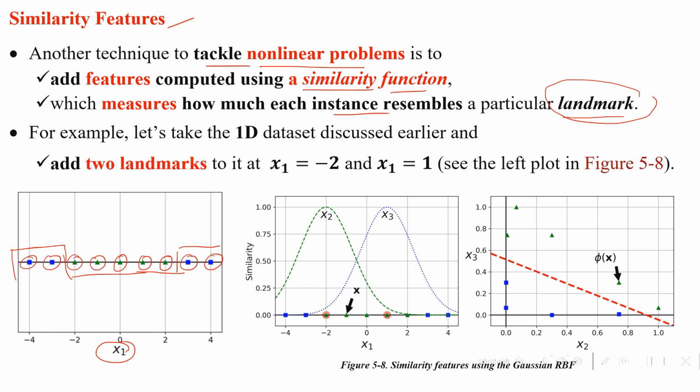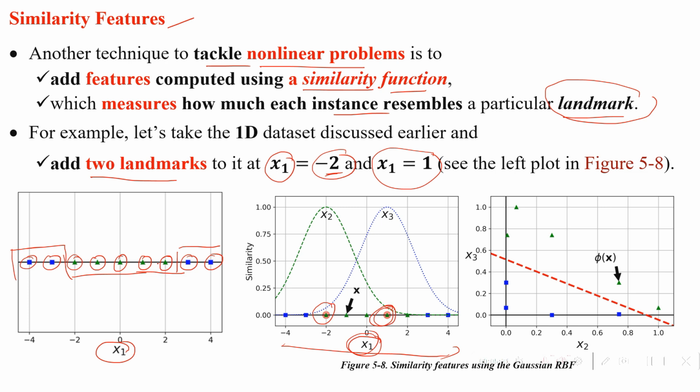For example, here we are going to add two landmarks. Here x1 is on the x-axis, and we have only one feature. For x1, we select two landmarks. One landmark is at x1 equal to minus 2, and one more landmark is at x1 equal to 1.